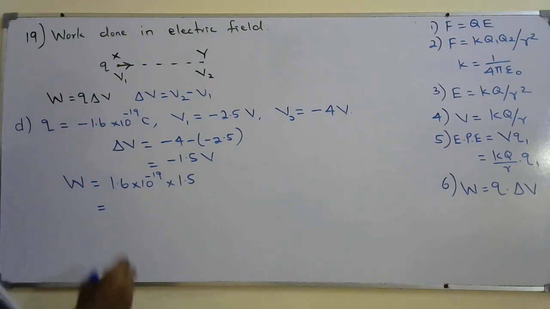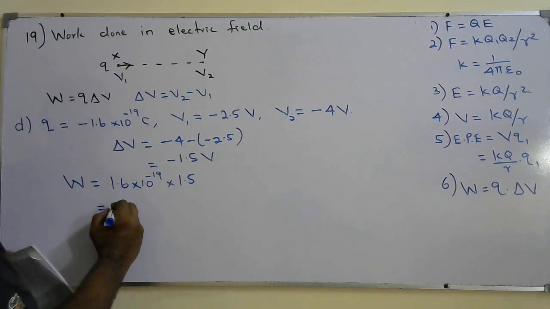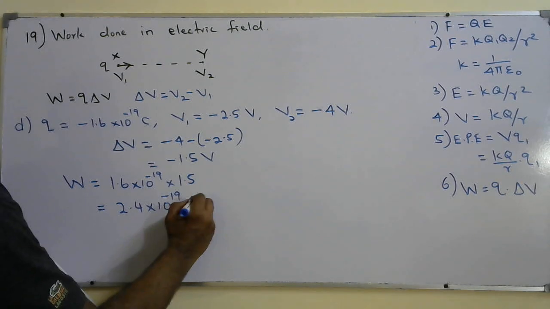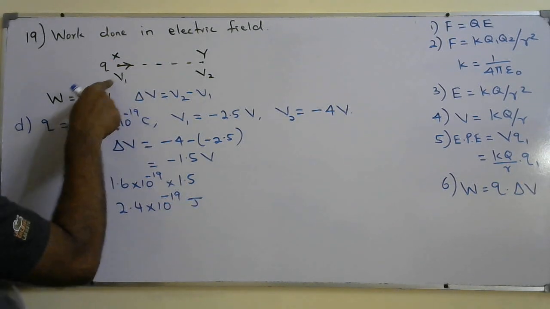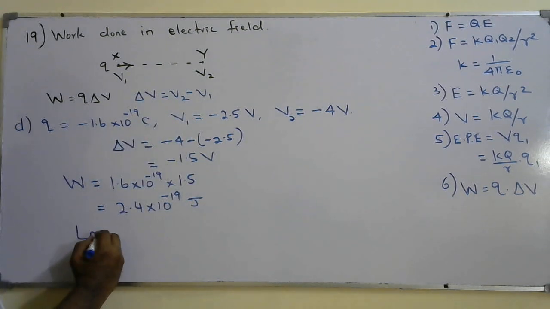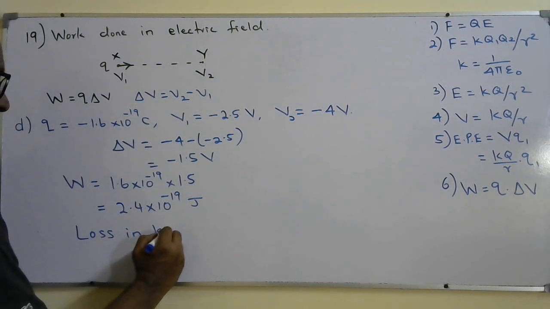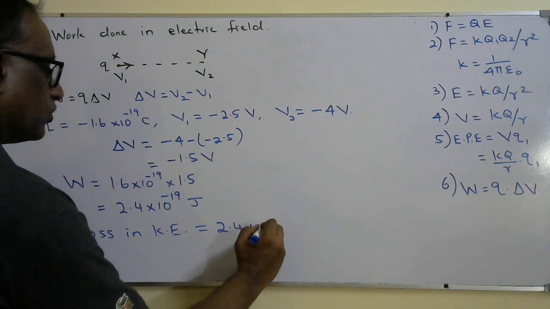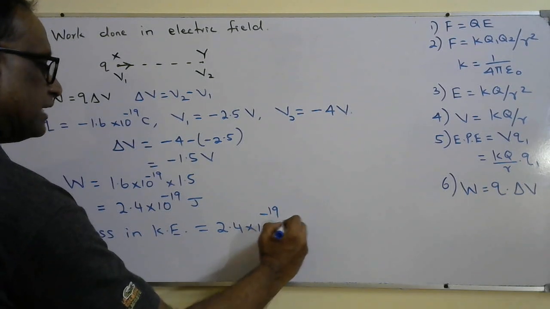When you consider that, the work done becomes 2.4 × 10^-19 joule. But since it's moving from a point with higher potential to a point with lower potential, it's going to lose kinetic energy. That is equal to 2.4 × 10^-19 joule.